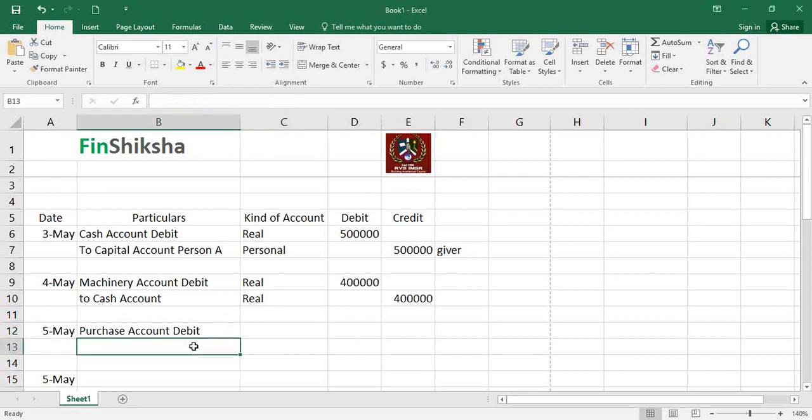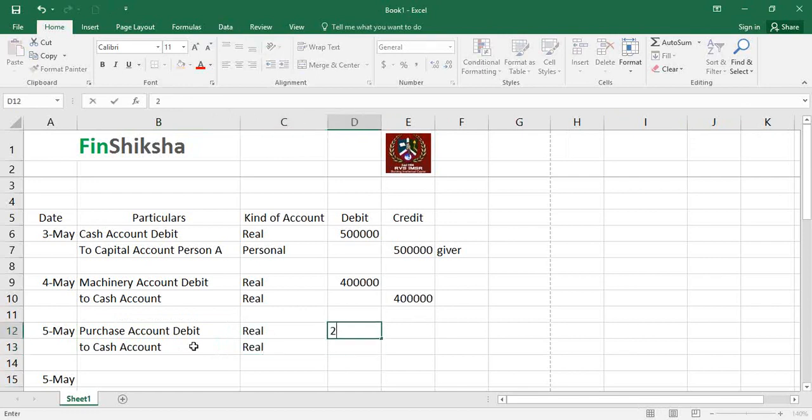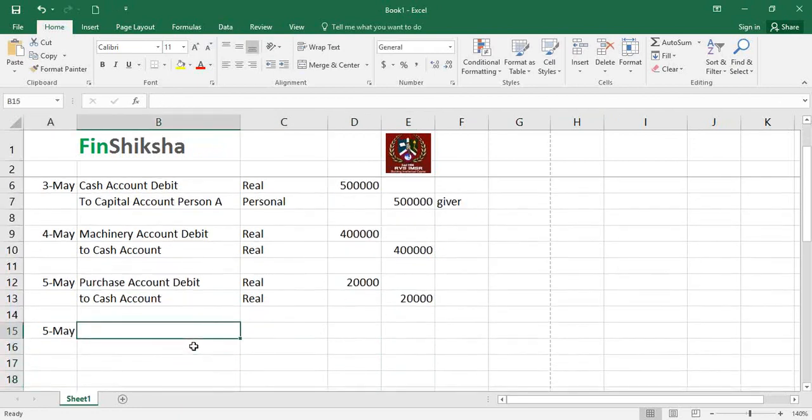And in one of the transactions, we are doing purchase account debit to cash account credit. This is a real account and this is a real account, and 20,000 comes in and 20,000 goes out, right? In the second transaction, we are saying purchase account debit.